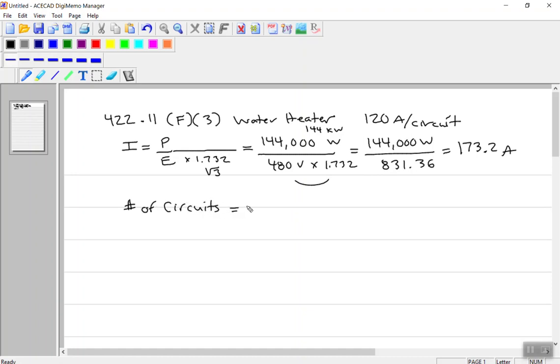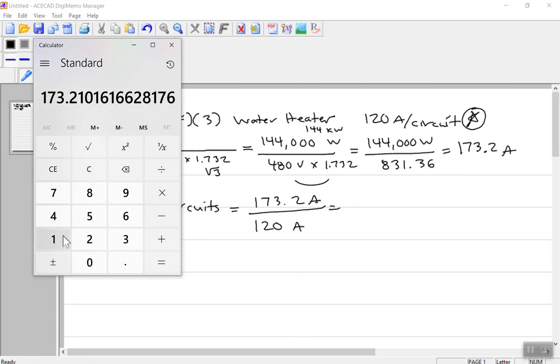Now, the number of circuits would be equal to the total 173.2 amperes divided by what we got up here. Remember, we had to go to the article reference first, divided by the 120 amps per circuit. When we divide by 120 amps, we get some number, and it's not going to be an even number. 173.2 divided by 120, and we get 1.44.